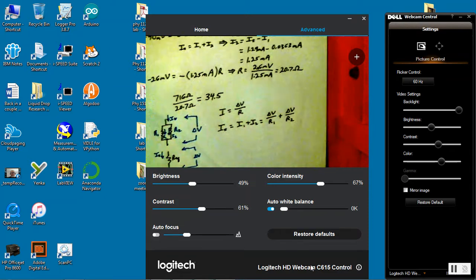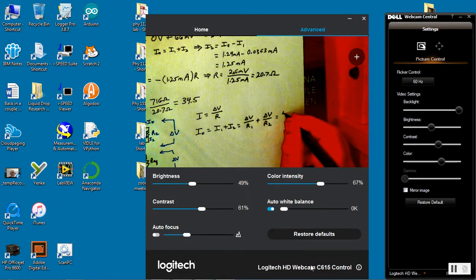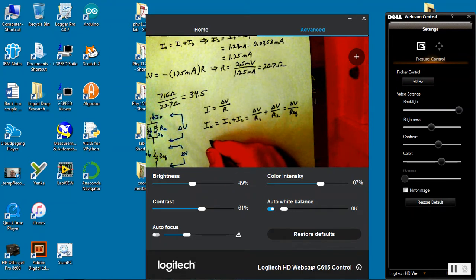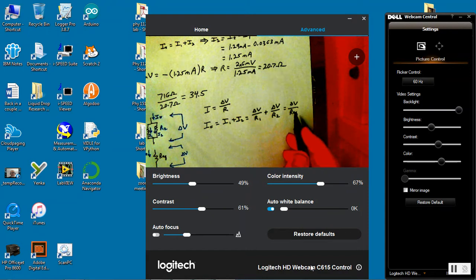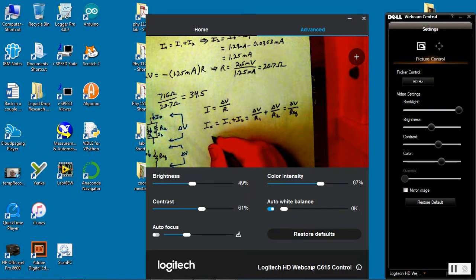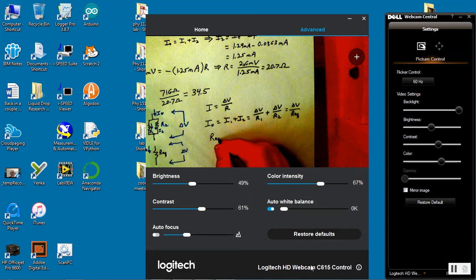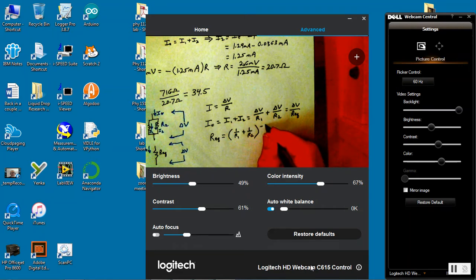So by Ohm's law, that would be delta V divided by whatever this single equivalent resistor is. Do a little algebra. In the equivalent resistor for a parallel circuit, you take the inverses of the separate resistors, add that up, take the inverse of that.